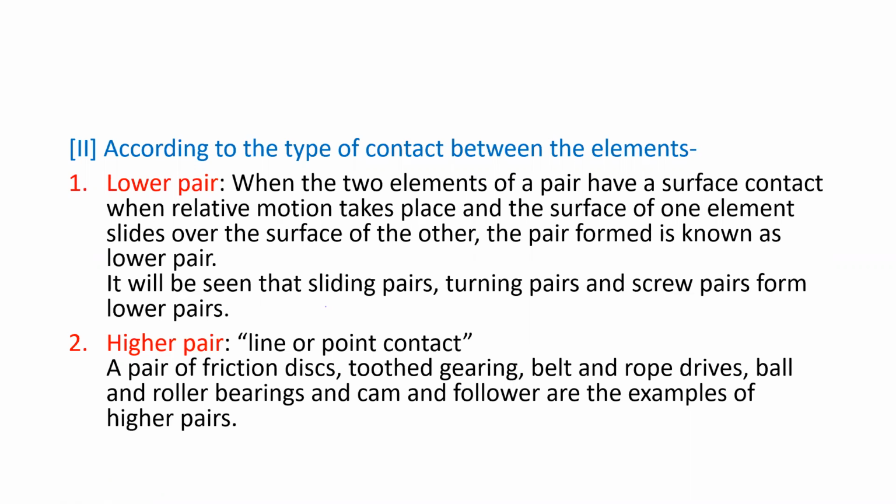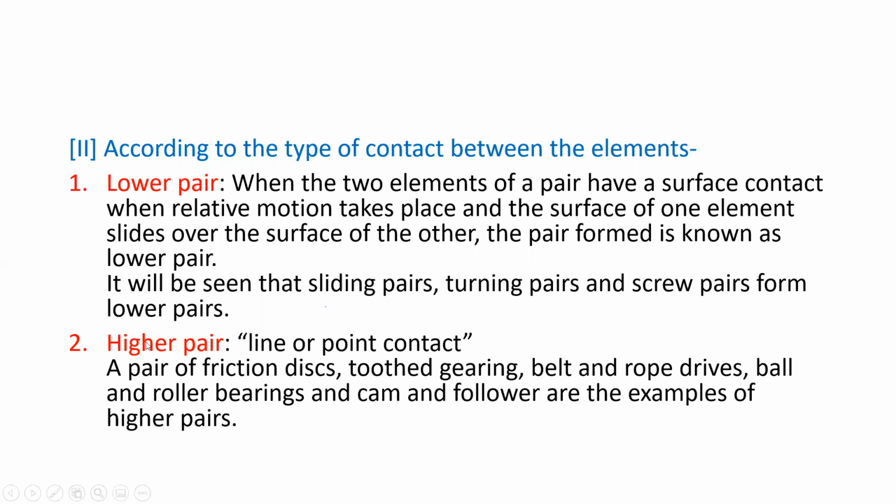There is surface contact between them. Then in case of turning pairs, there is some pin joint, and on that pin's cylindrical surface, the links will fit, so they have surface contact there. Again, in screw pair, surface contact is there between the two surfaces.